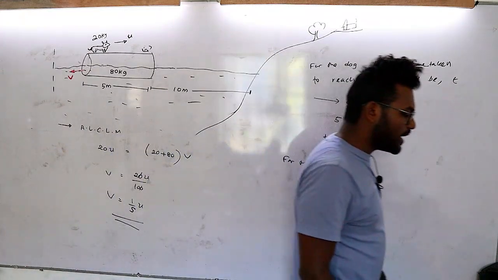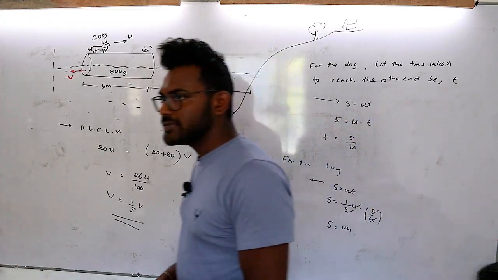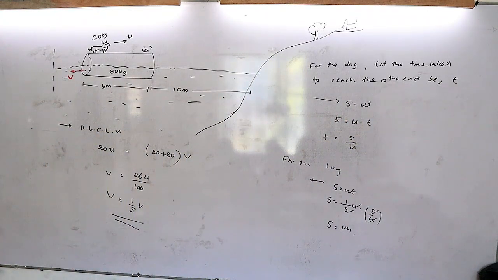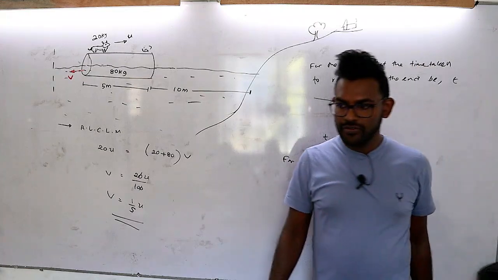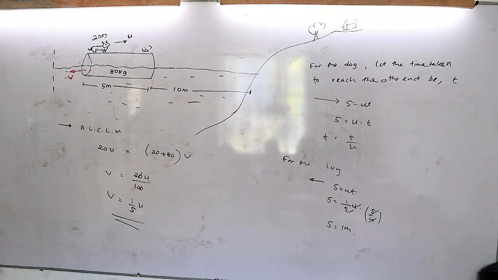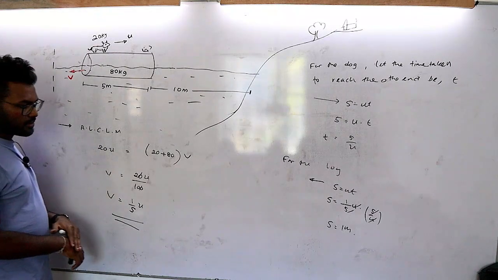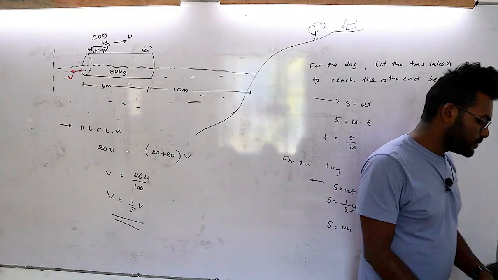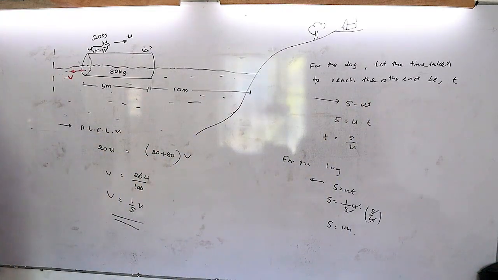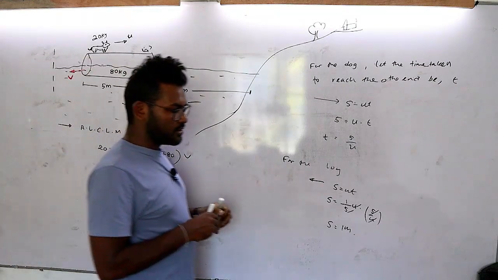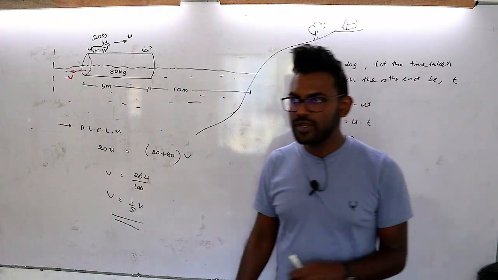Since the velocity of the log is 1/5 of the velocity of the dog, the log should move 1/5 of the distance run by the dog.